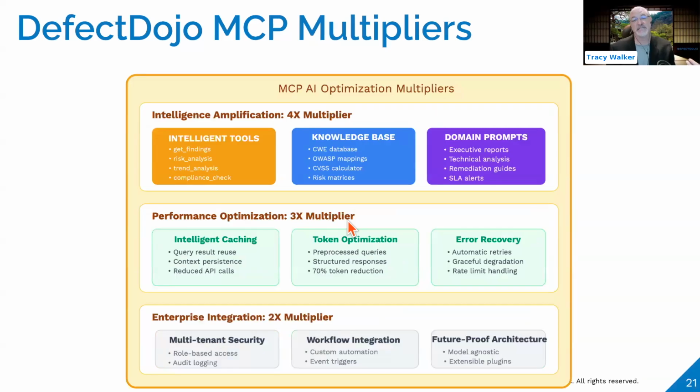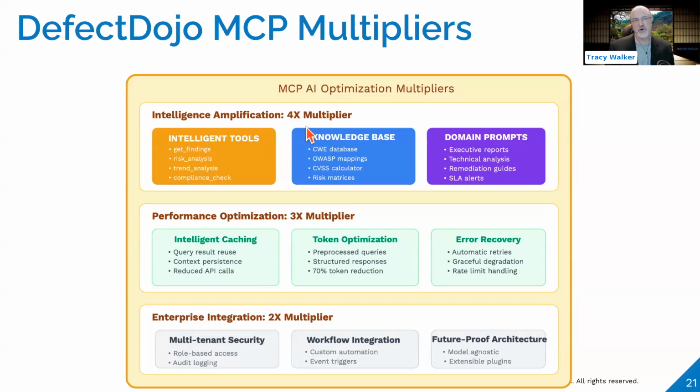So if we look at the MCP optimization, what the MCP is doing for this, because we have those tools, we've limited the API calls, we've added some knowledge base to this, we've added domain prompts. So the intelligence amplification we're talking about, again, if I'm saying 10x, I just need a 2 and a 5 to get to 10.